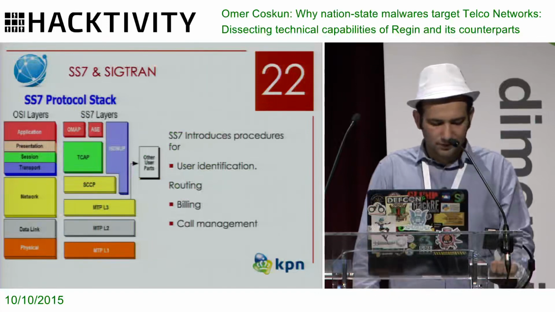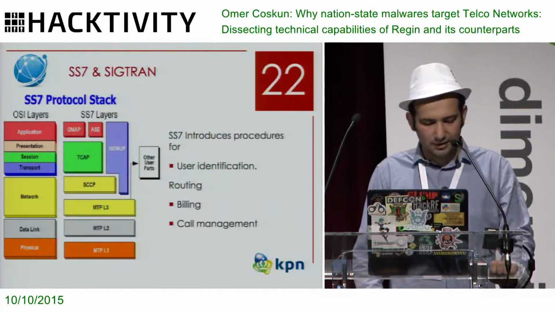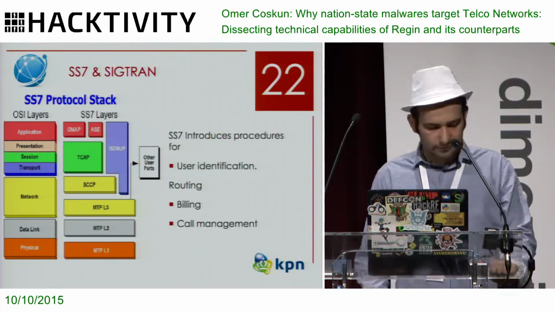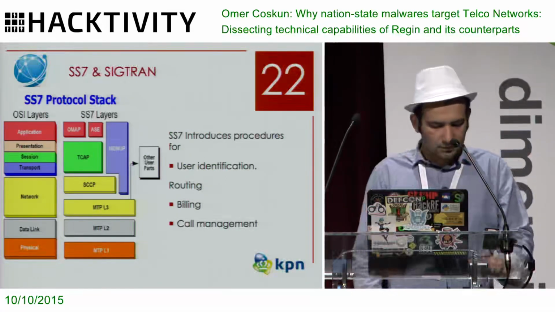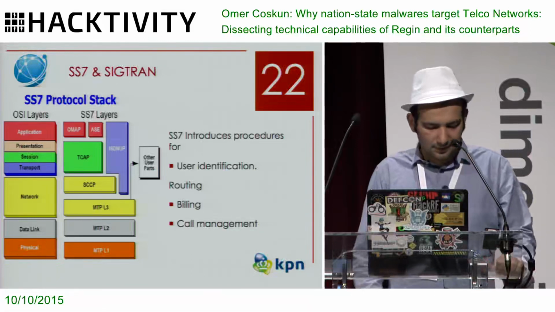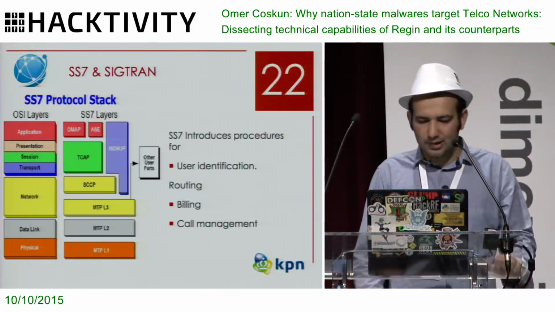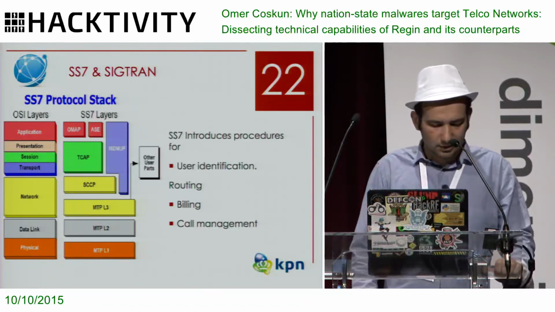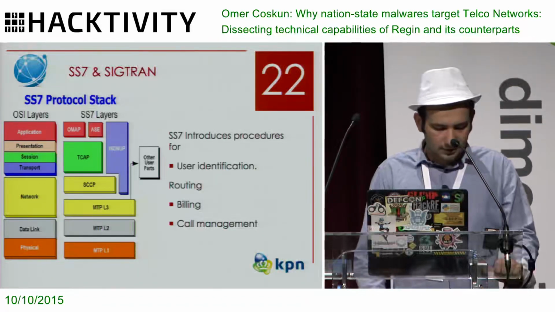SS7 introduces procedures for user identification, routing, billing, and call management. SS7 consists of parts: message transfer parts MTP1, MTP2, and MTP3 for physical signaling, and connection control.